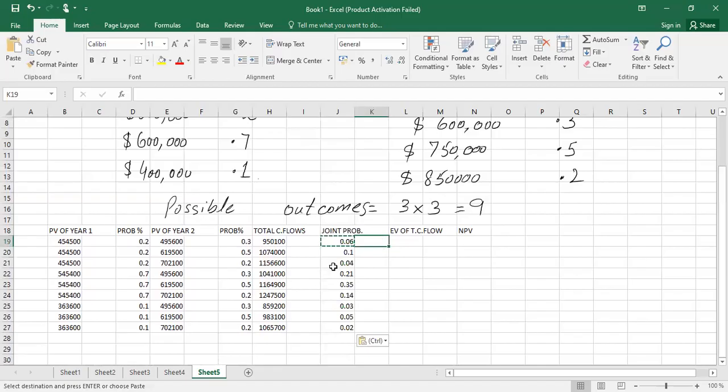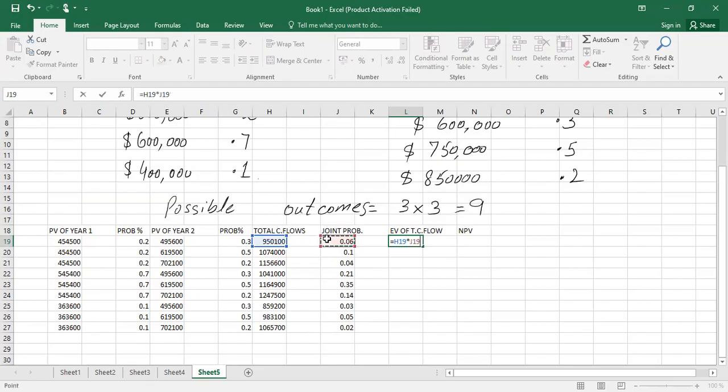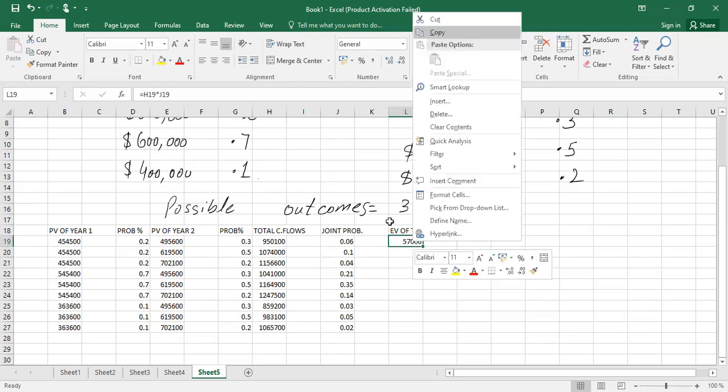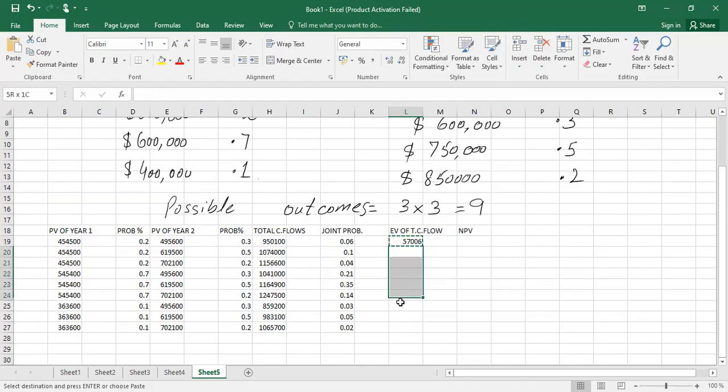Here we have joint probability. Now the expected value of total cash flows is equal to total cash flow multiplied by joint probability. So I am going to copy this formula from over here and pasting here.